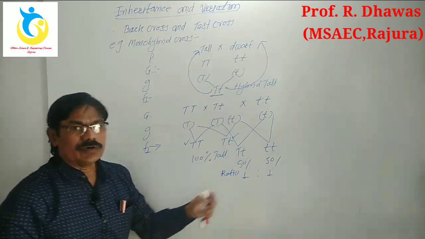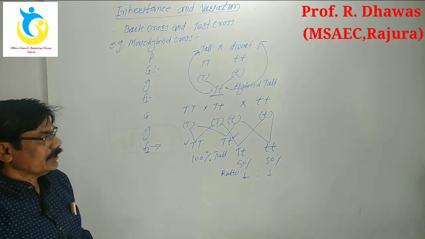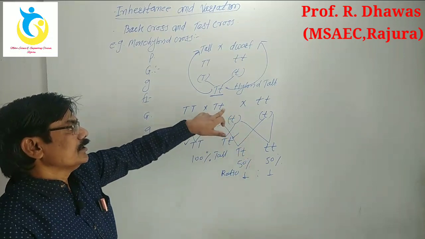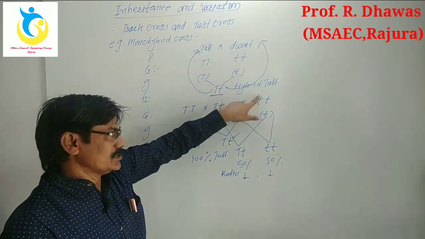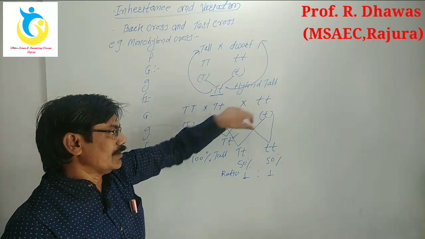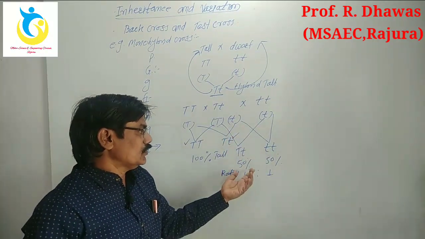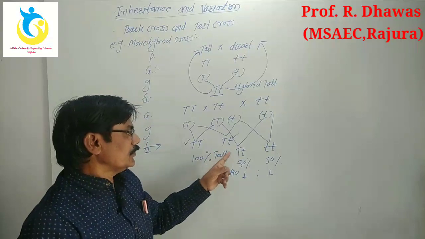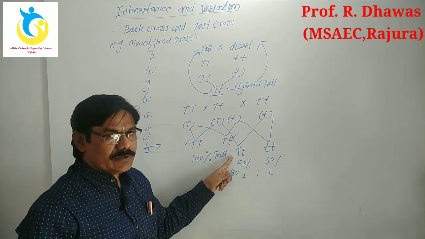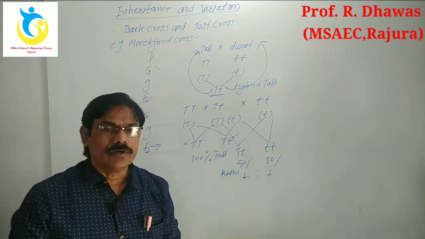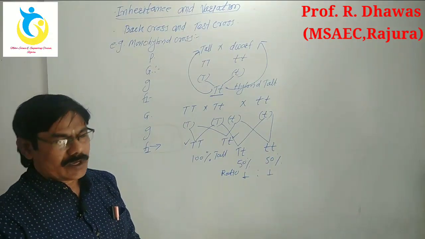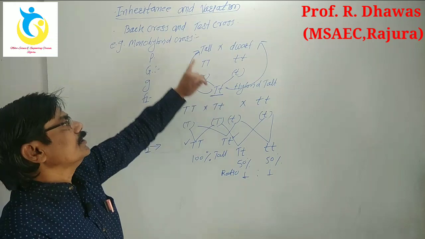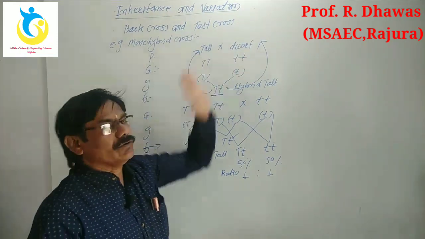In this second case, the F1 hybrid crossed with a recessive character, that is the dwarf character, we got two different forms of progeny phenotypically, that is 50% tall type and 50% dwarf type. This is called the backcross. Either we cross F1 with a tall plant or with a dwarf plant.